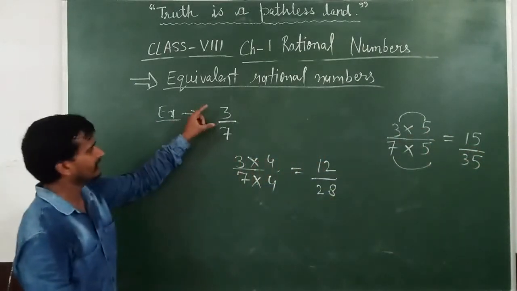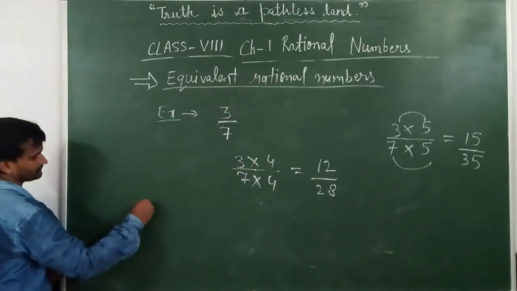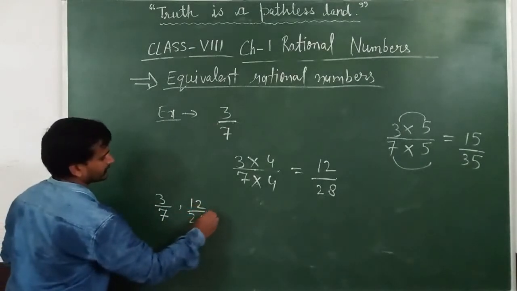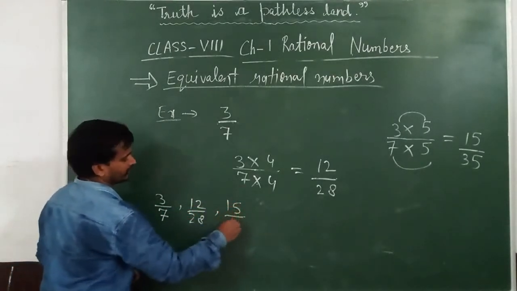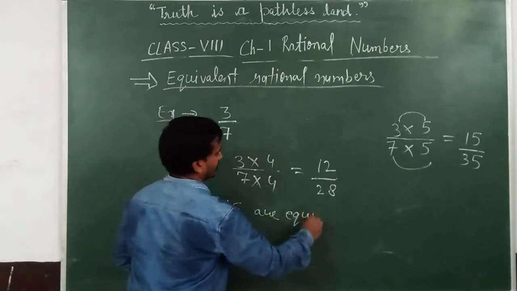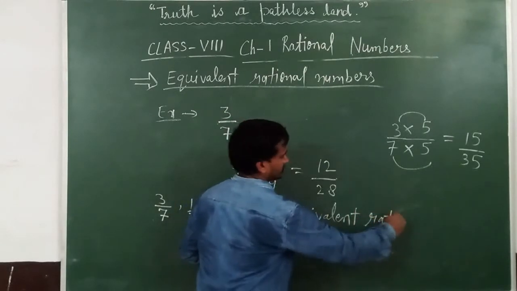So we can write 3 upon 7, 12 upon 28, 15 upon 35 are equivalent rational numbers.